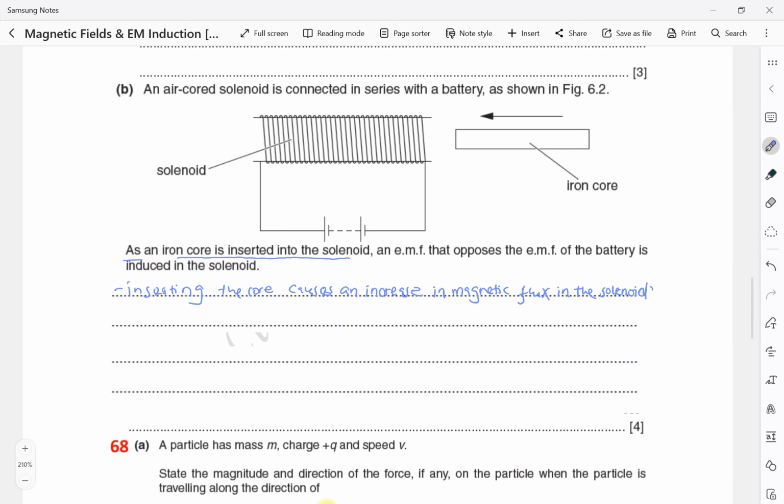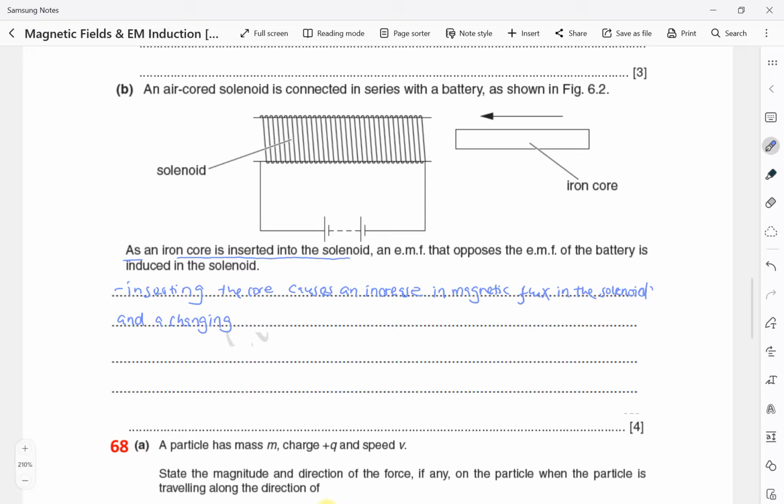So inserting the core causes an increase in magnetic flux in the solenoid or around the solenoid, and a changing magnetic field is induced in the core.